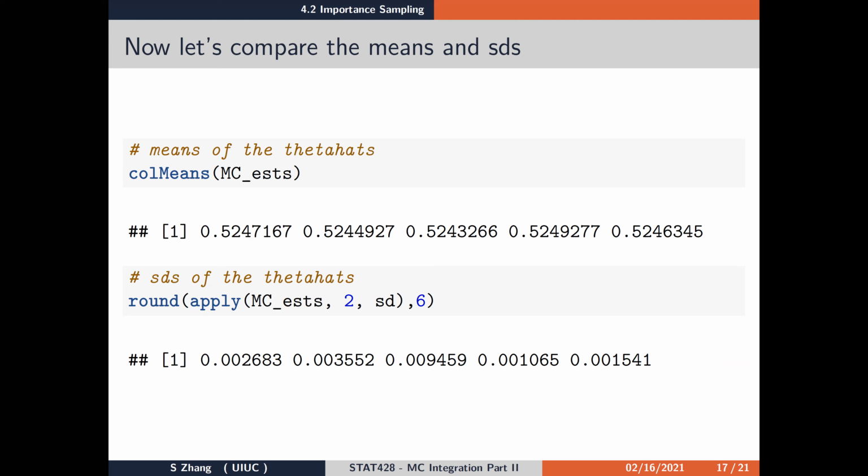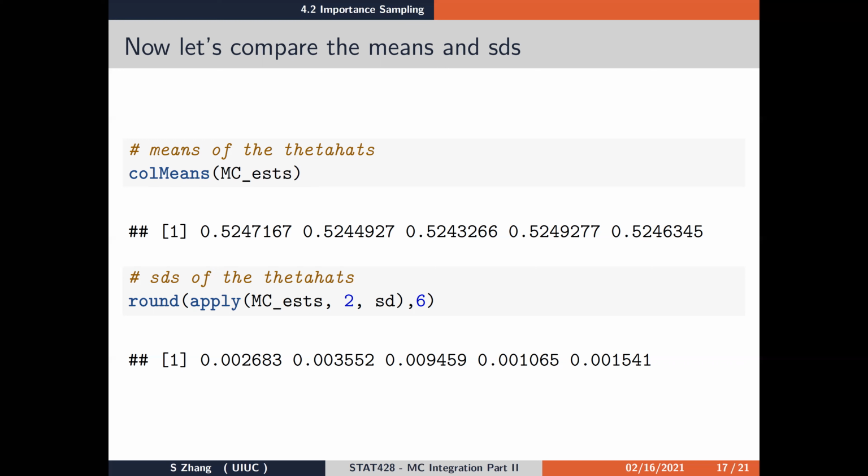As you can see, the standard deviations using phi4 and phi5 are indeed the smallest. The standard deviations of theta hat using phi2 and phi3 are very large, especially for phi3, where we have the T distribution over the entire real line. And the uniform distribution we used is somewhere in between.